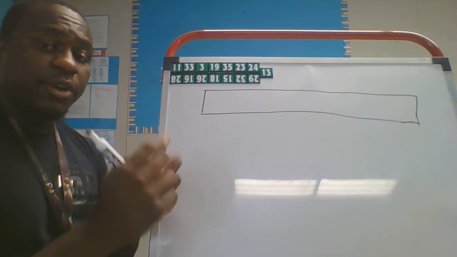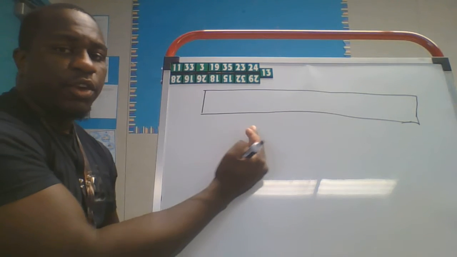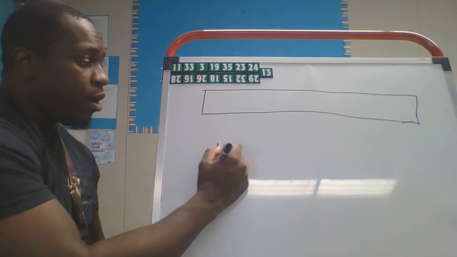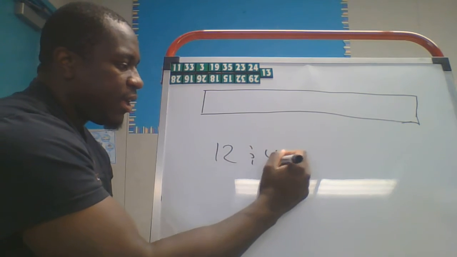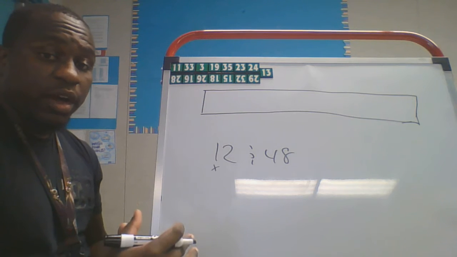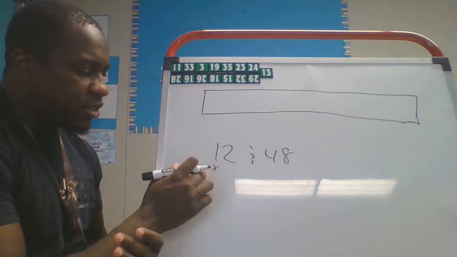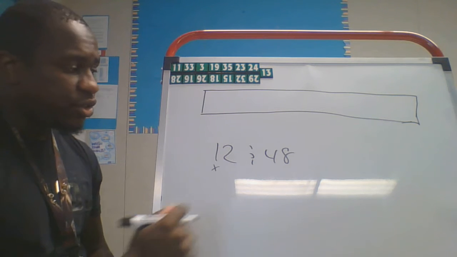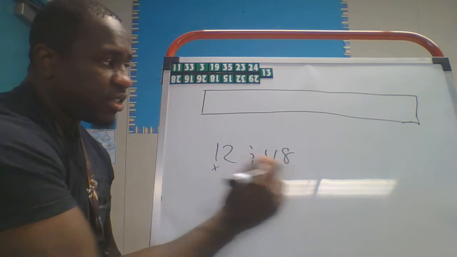If you're given two numbers, choose the smaller number and break your bar up into that many equal groups. So we have two numbers. We have 12 and 48. The 12 represents how many times you have to multiply Ginny's distance from the beach. And the 48 represents Ginny's distance, right?